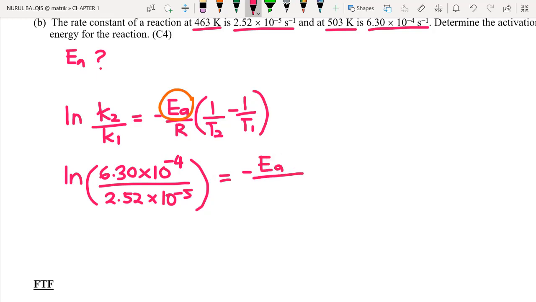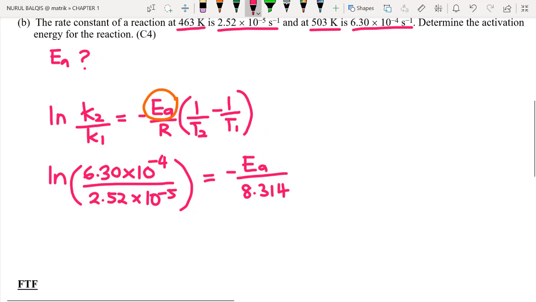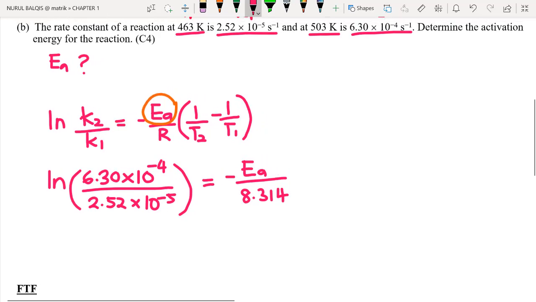Our R is going to be 8.314 joule per mole per K, and our T2 is 503 and also T1 463. Do we need to change it to some other unit? No, we can simply use it because it's already in Kelvin.